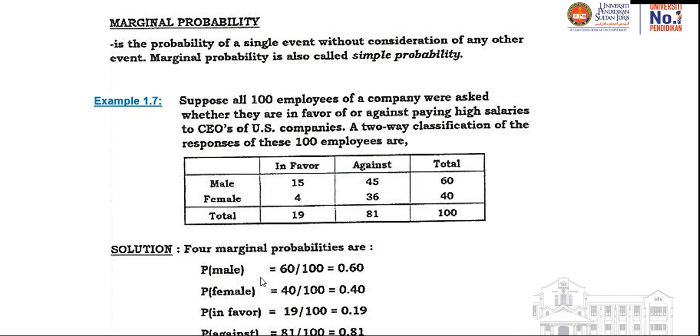So 60 over 100, and you have P(female), P(in favor), and P(against). Similarly, P(female) is 40 over 100.